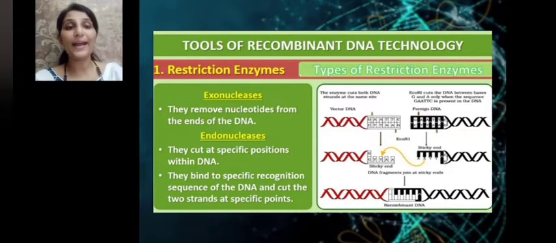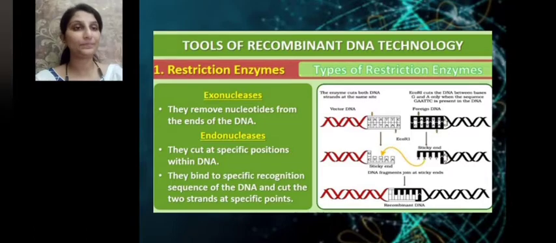And they bind to a specific recognition site. So they recognize particular positions, and these positions are called recognition sites. These enzymes bind to a specific recognition sequence of the DNA and cut the two strands at specific points. We know that DNA has two strands, so both the strands are cut at a specific point.